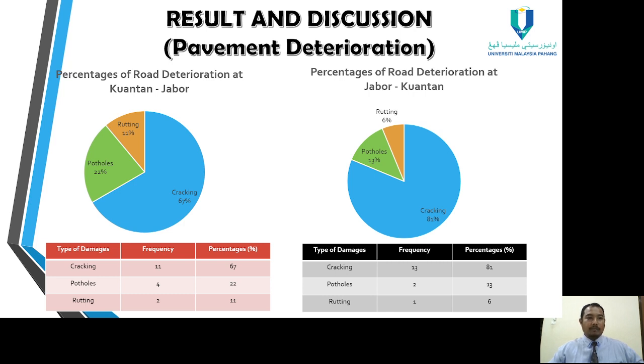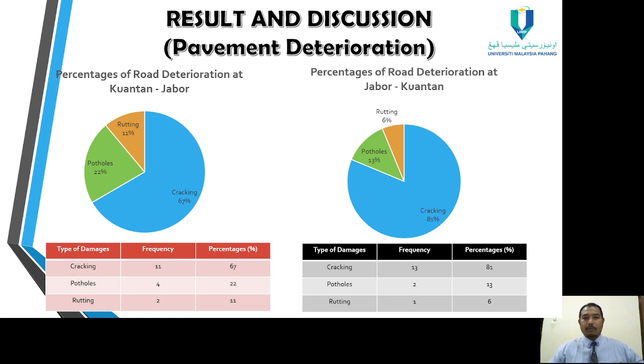For the percentage of road deterioration at Kuantan Jabor, the type of damage is cracking, with frequency at 11 locations, equal to 67%, on top.